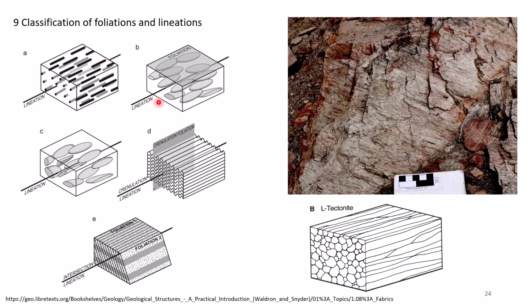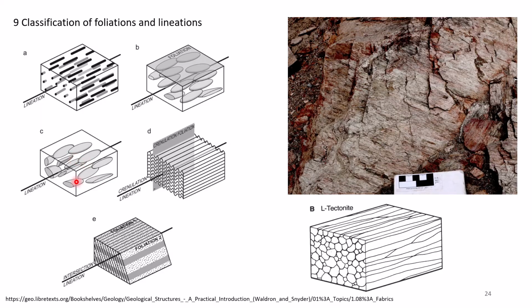Here we see an example that shows lens-shaped strain markers aligned along a foliation. This probably would be some form of LS tectonite. The lens shape shows one preferred stretching lineation. We would find something like that, for instance, in sheared granites where former K-feldspar phenocrysts show a flattening and a stretching in one preferred direction.